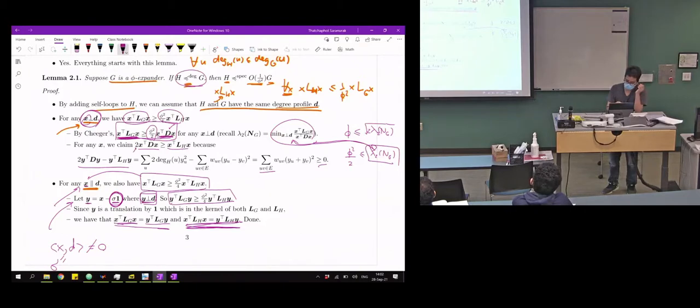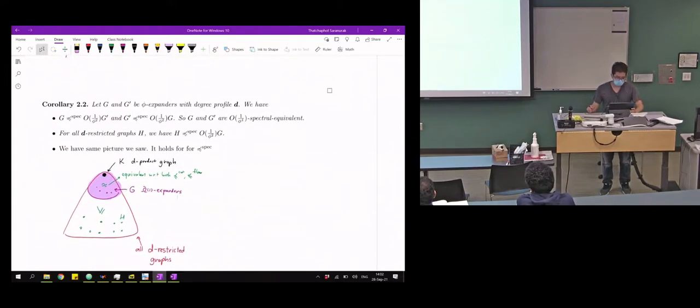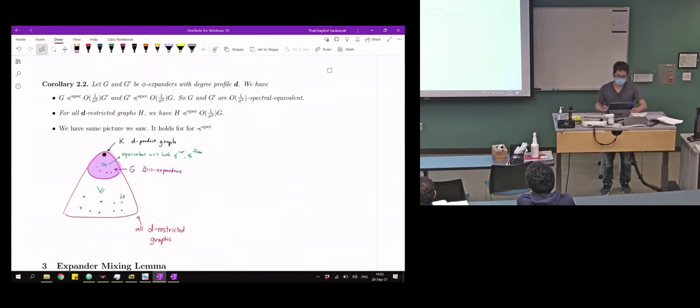So the point is just that when G dominates H in degree, then G will dominate H in the spectral sense within some factor. Okay. From here you can already conclude that if both of them are expanders with the same degree profile, just apply the above lemma, then you have that G is less than G prime, and G prime is less than G. So they are basically equivalent.